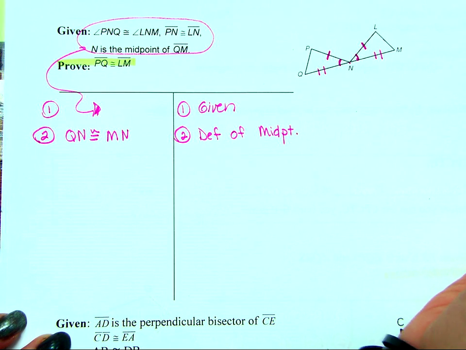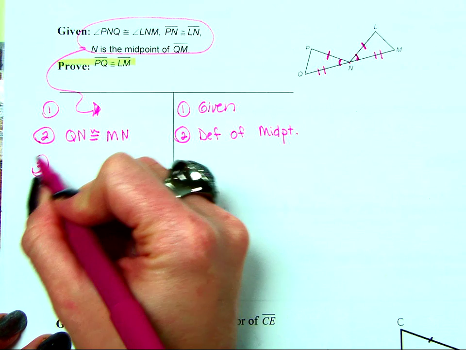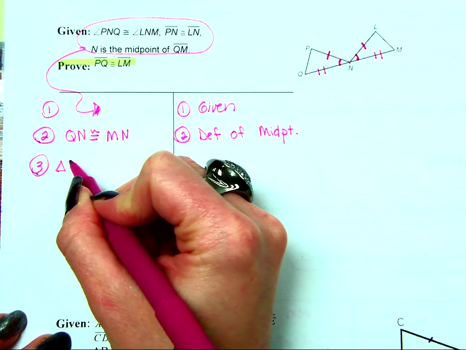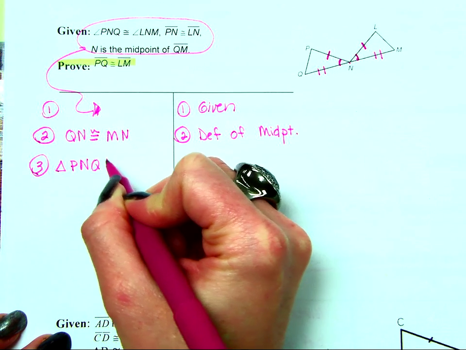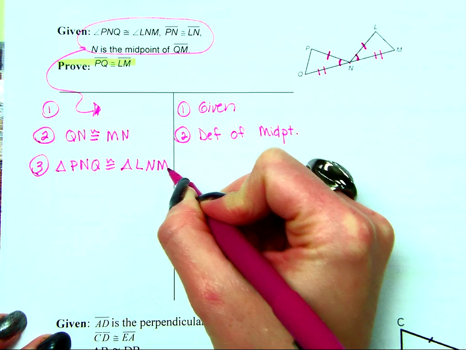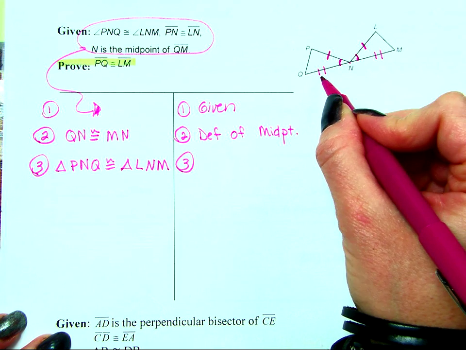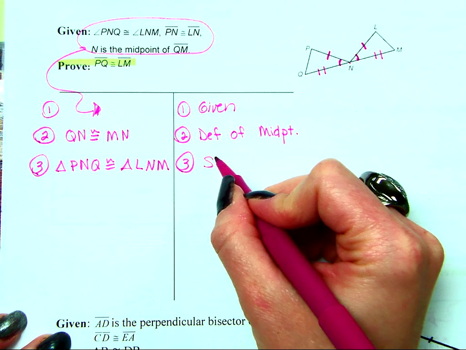And now as I look at my diagram, I actually have some congruent triangles. We have shown our triangles congruent using side, angle, side shortcut. So my triangles are congruent, like SAS.